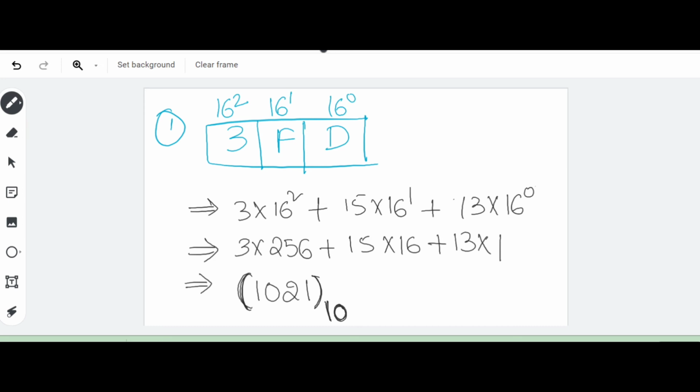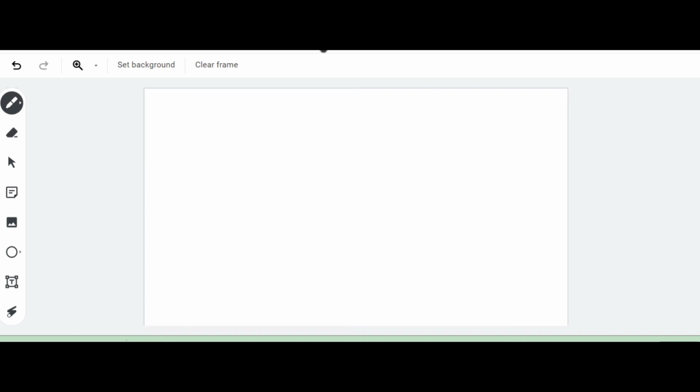I'll also share the table which will give you an exact, clear idea about this. Let me go with this table. First of all I am representing decimal, then binary, then octal, and then hexadecimal.